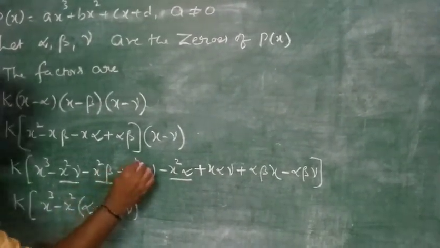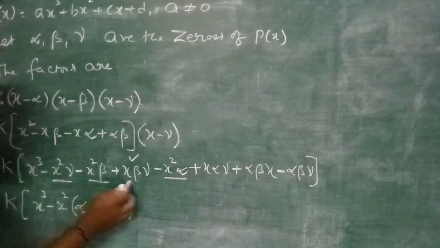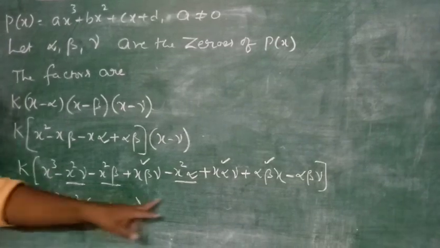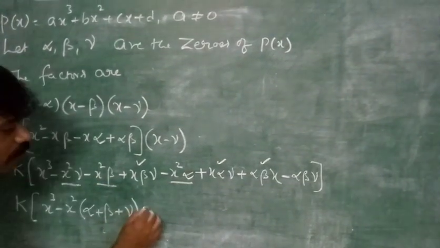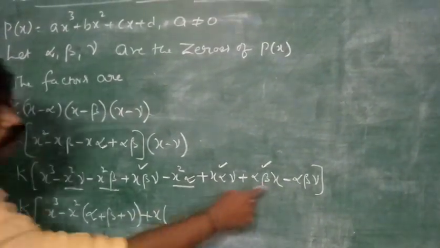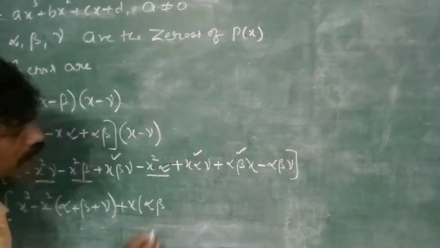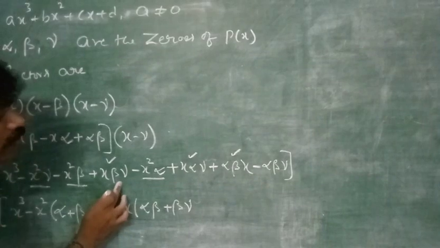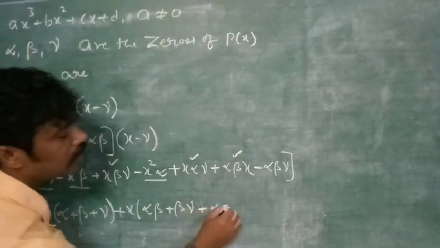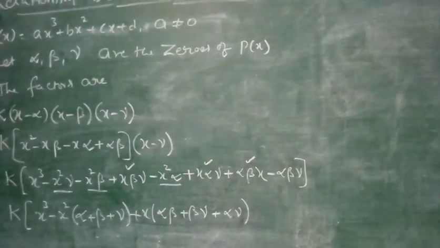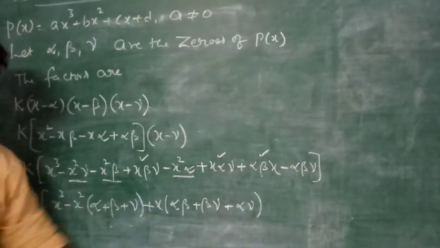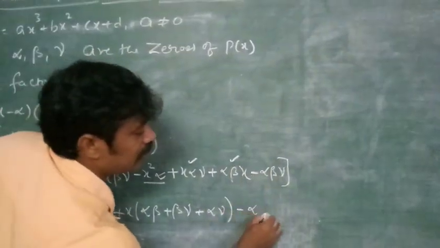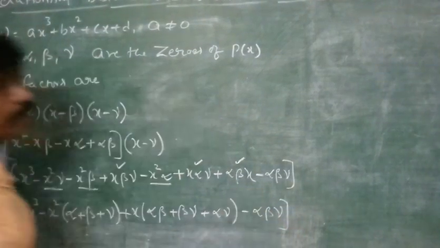Similarly, next we take the x terms. This is an x term, this one is an x term, and this is an x term. In these three, we can take x as common. Then the remaining is alpha beta plus beta gamma plus gamma alpha. Similarly, the last one is the constant, so we get minus alpha into beta into gamma.